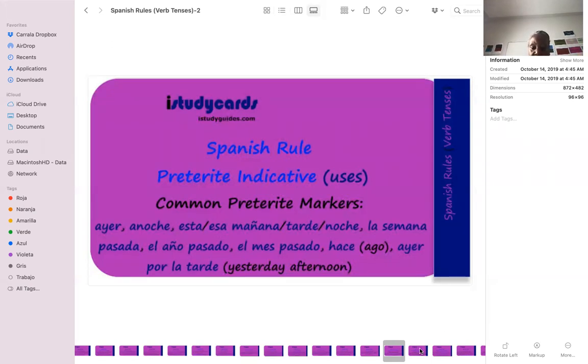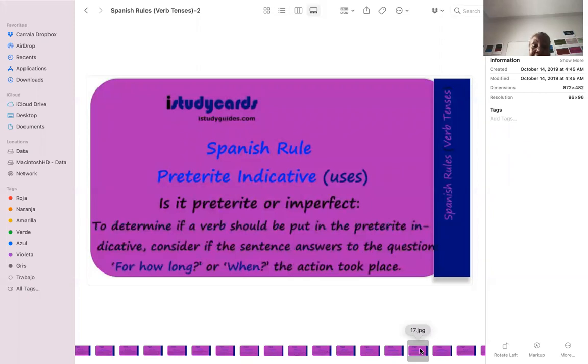And we talked about how you tell if it's the preterite or the imperfect, because the imperfect we use in English, but we don't really call it the imperfect. It's not as dominant as it is in Spanish.